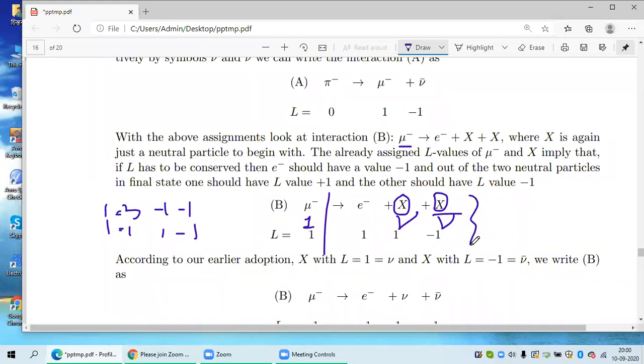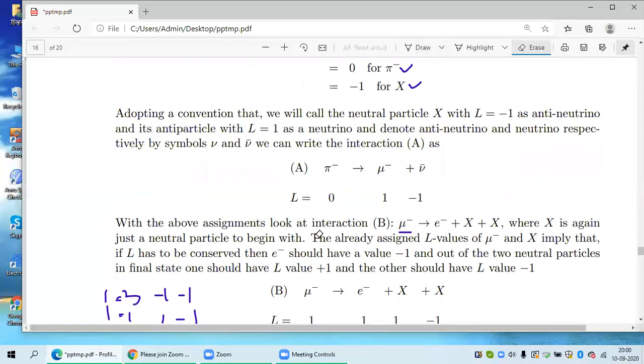Yes. But we have just assigned L equal to 1 for muon. But if we redefine it as L equal to -1, then... You can't redefine it. Once defined, it is defined.